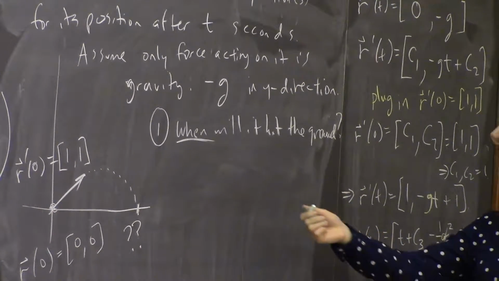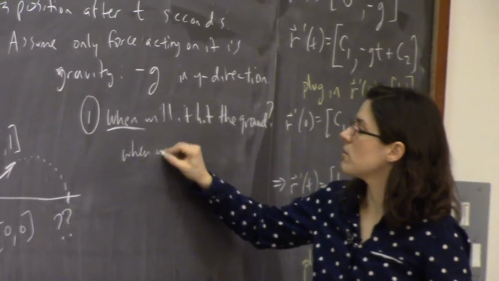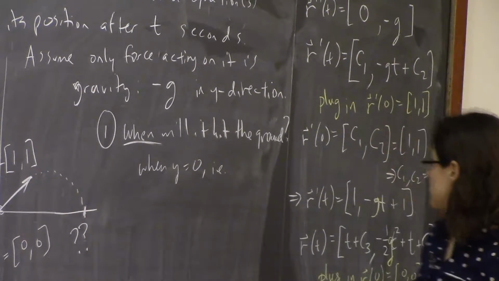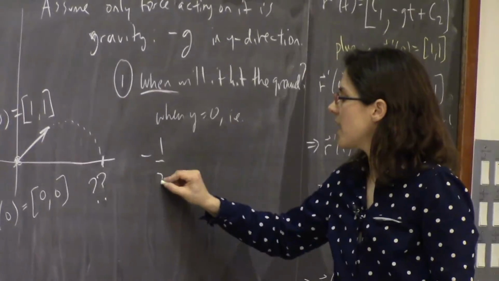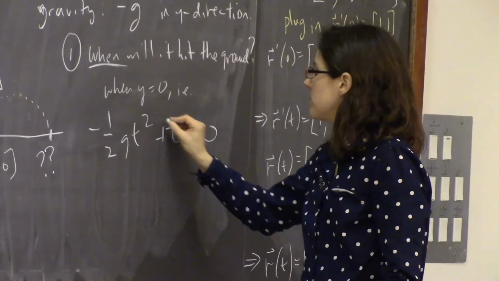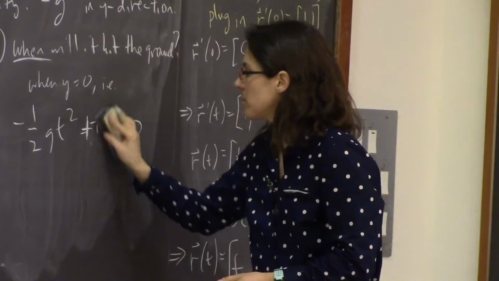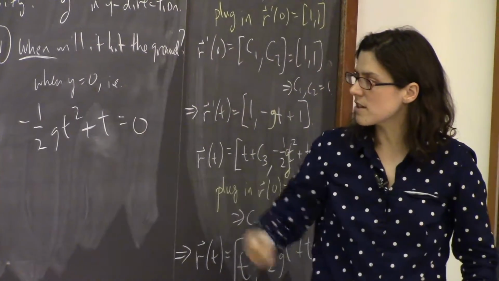Well, it hits the ground when its y-coordinate is 0. So its y-coordinate is negative 1/2 g t squared plus t equals 0. We want to solve this for t.